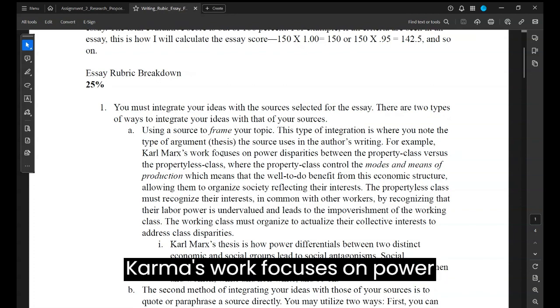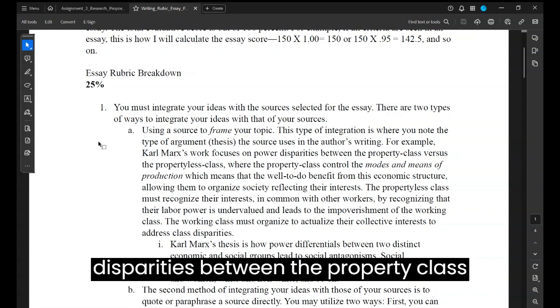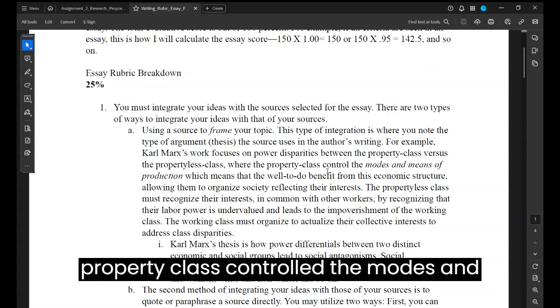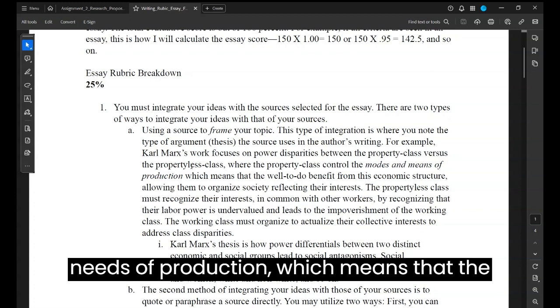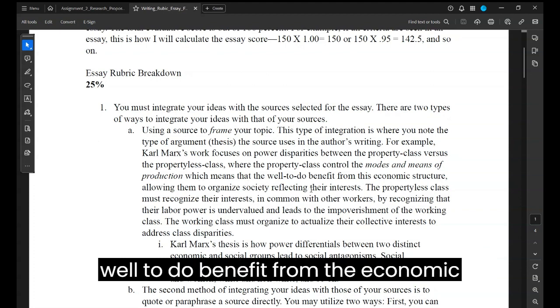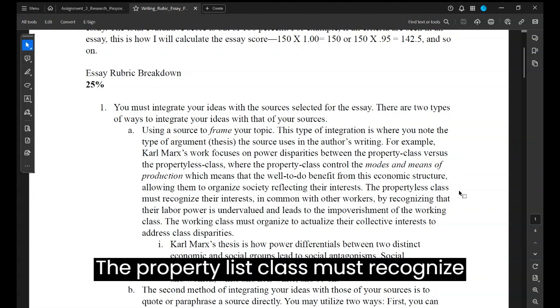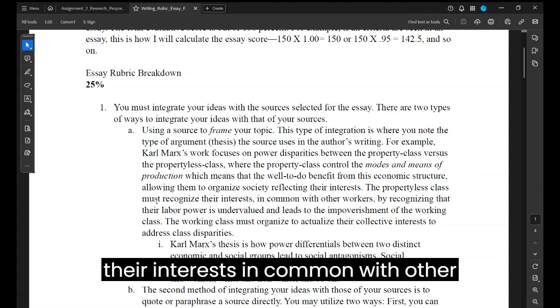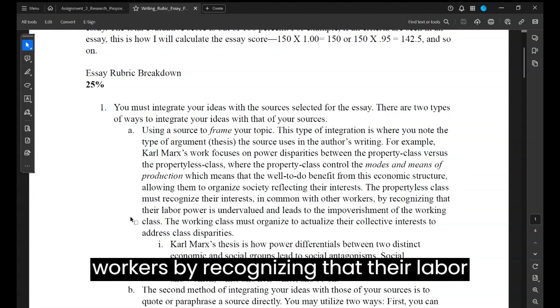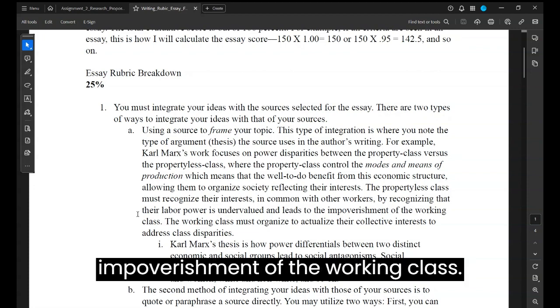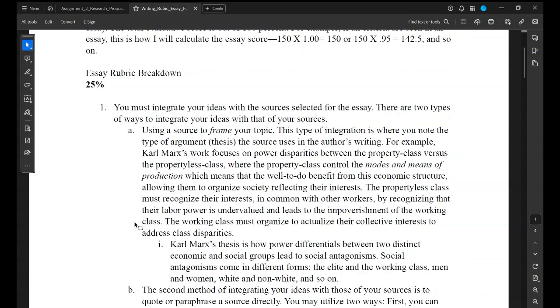So Karl Marx's work focuses on power disparities between the property class versus the propertyless class, where the property class controlled the modes and means of production, which means that the well to do benefit from the economic structure, allowing them to organize society reflecting their interests. The propertyless class must recognize their interests in common with other workers by recognizing that their labor power is undervalued and leads to the impoverishment of the working class.